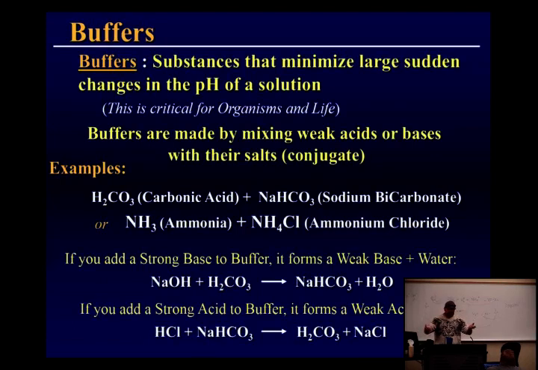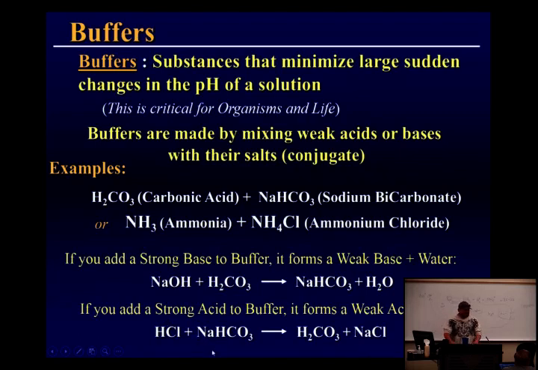So you know that carbonic acid is weaker than hydrochloric acid by a factor of 100 or more. So this is changing that pH, right? And then you're producing as a byproduct the conjugate salt, which in this case is chlorine plus sodium, which is salt, right? Does that make sense?